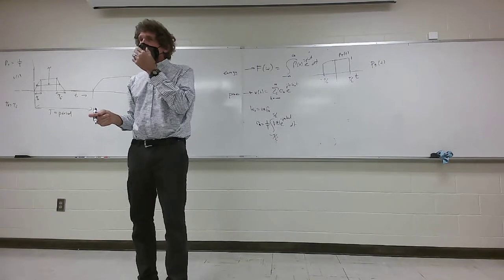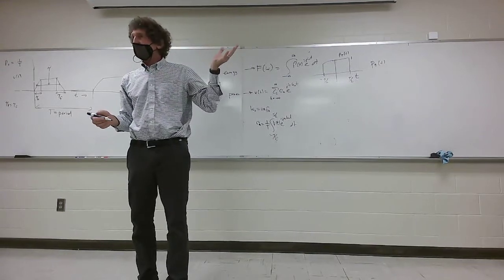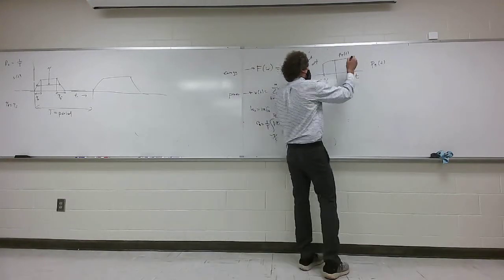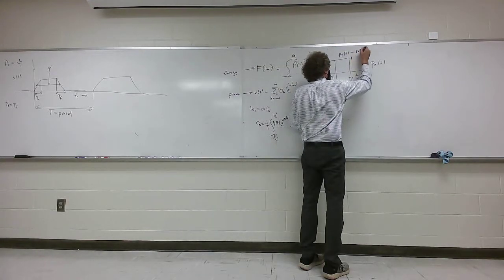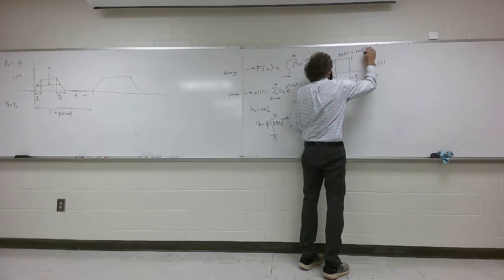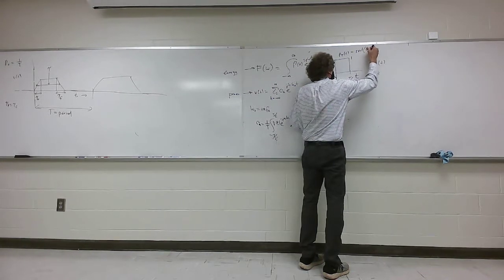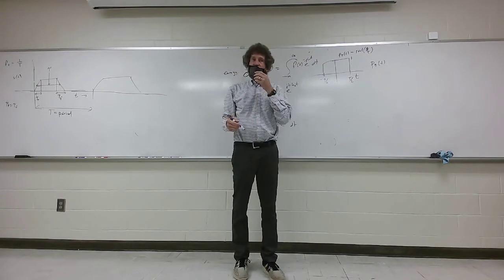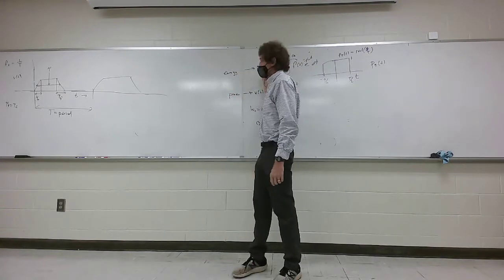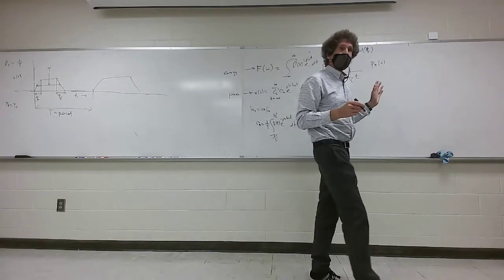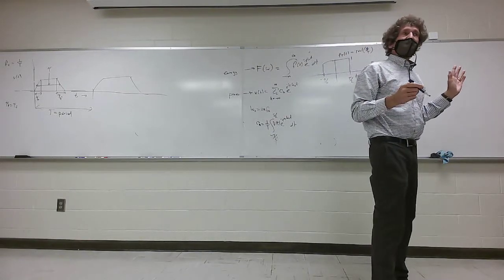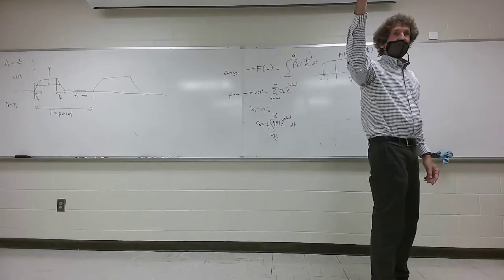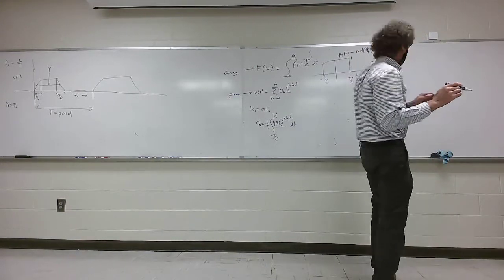Another way to define it was rect. How many remember the rect function? You would put t over tau, so this p of t is really the rect function of t over tau. Either one's correct. Now, when you did the transform of that, you all remember what function you got? Yes, the sinc function. It's critical you know that.